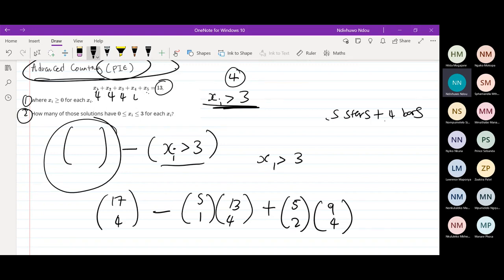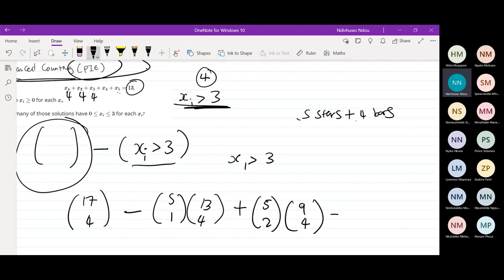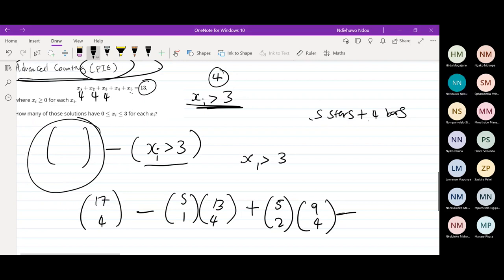But we can't go further to the fourth person, so we'll know where to end once we realize that if I go to this person, I'm exceeding what I have. So we still have one more chance there. They claim that we added too much, we need to subtract now. That's the principle of inclusion and exclusion.